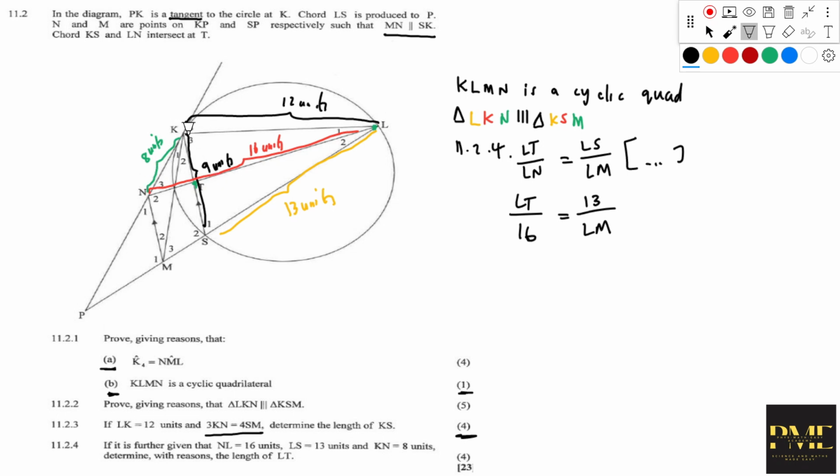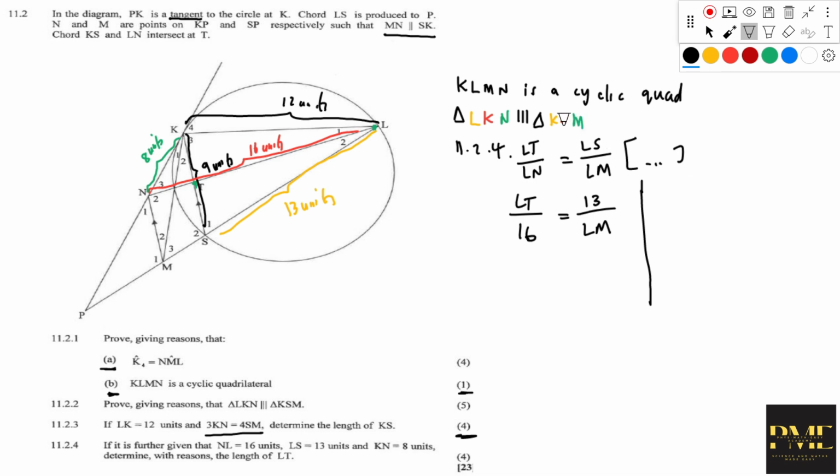Then in this triangle we have 9, and we have our MS which we do not know. Right, so I think you can use proportionality when finding MS. Let us just do that on this side over here quickly. So we can therefore say MS is what we want, here is MS.